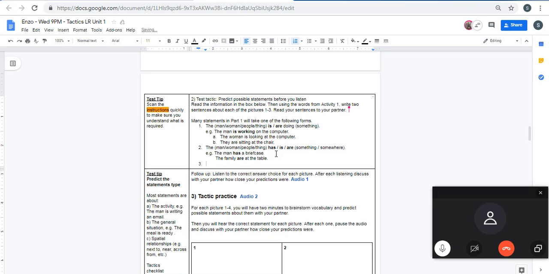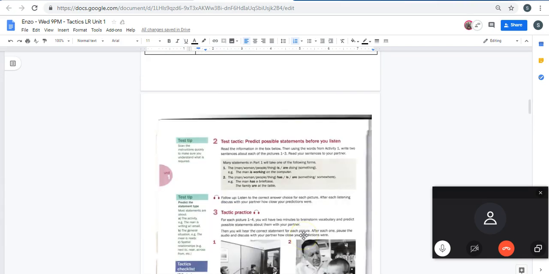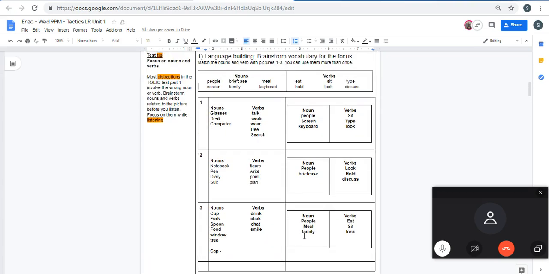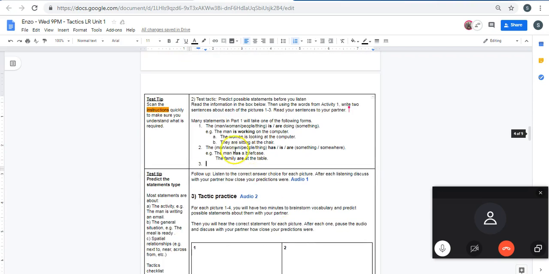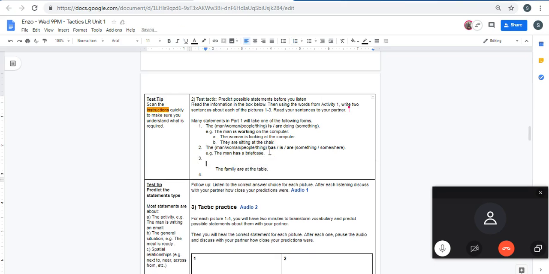So next, can you try to construct your own sentences by using nouns and verbs on picture number 2? Picture number 2? Yes. So the example is, the man has a briefcase. The woman has a notebook or diary.